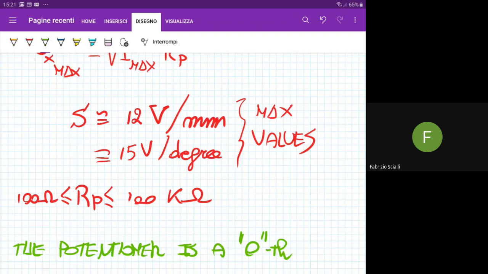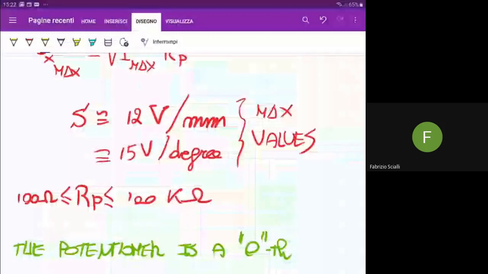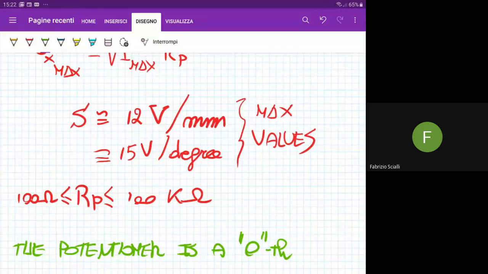Yeah. Okay. It depends also on your test specimen, because the test specimen contributes to the heat transfer. So the same potentiometer could have a maximum dissipated power that changes according to the test specimen. If you're placing it on wood, it could be different than on steel, for example.